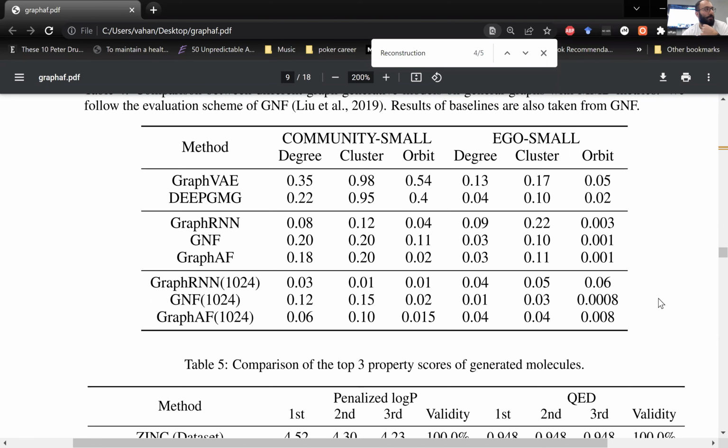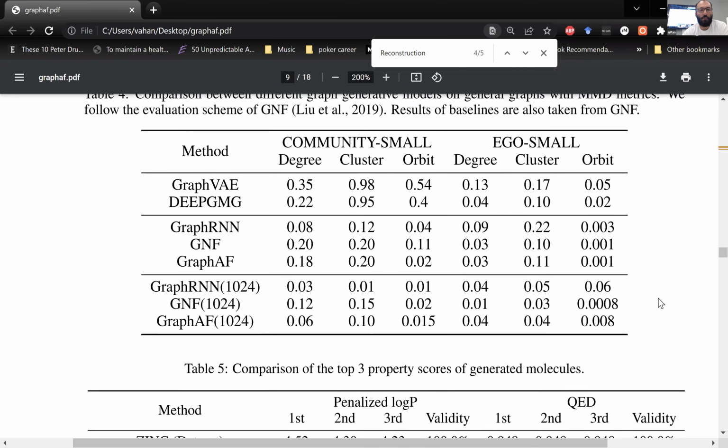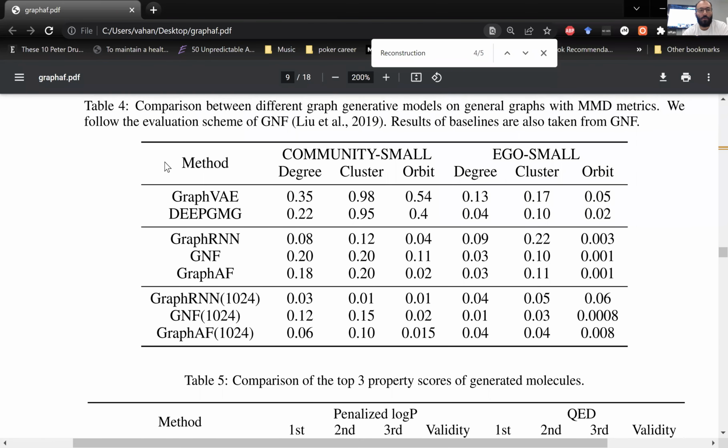Those numbers took me a while to figure out. There's like a correct degree, for example, in the data set, and the difference between them is the error between what the network generated and the data set's underlying, maybe degree distribution or something like that. So smaller means better. I didn't really understand it that much. I just know smaller means better. Yeah, that's all we need to know.